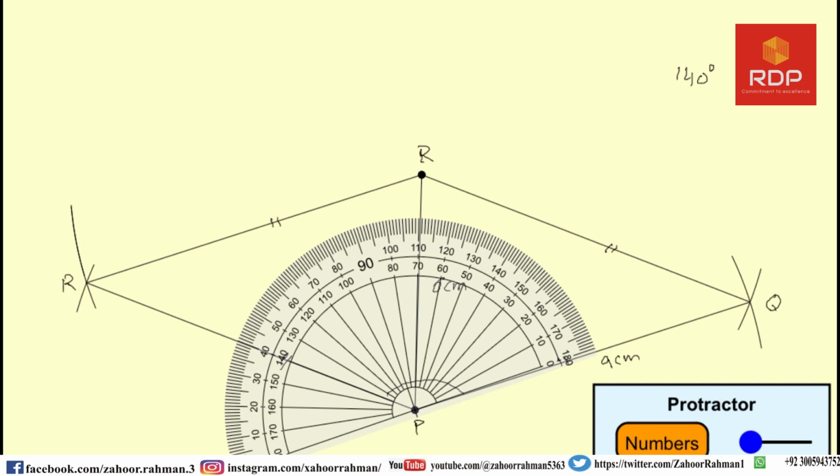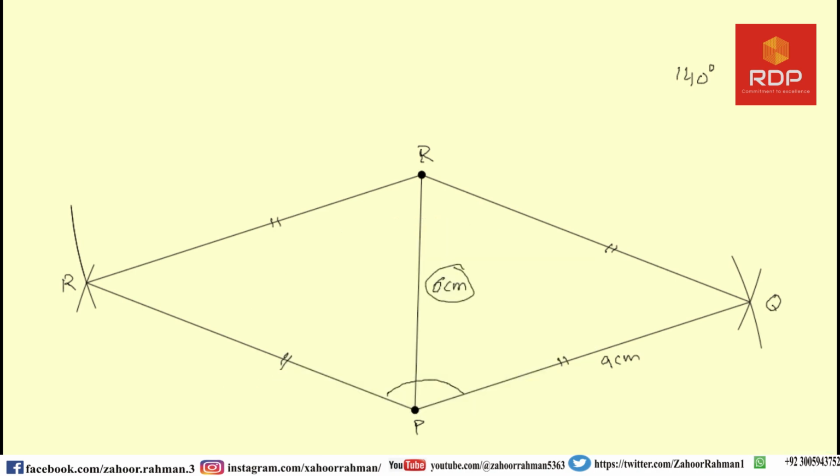Why? Because I took this as a 6 centimeter and this is a 9 centimeter. Actually this is a 9 centimeter and this is a 6 centimeter. But the main purpose is that you have to understand. You can take this one as 9 centimeter and this one as 6 centimeter very easily. So then your answer will be according to the question. My answer is according to my solution.